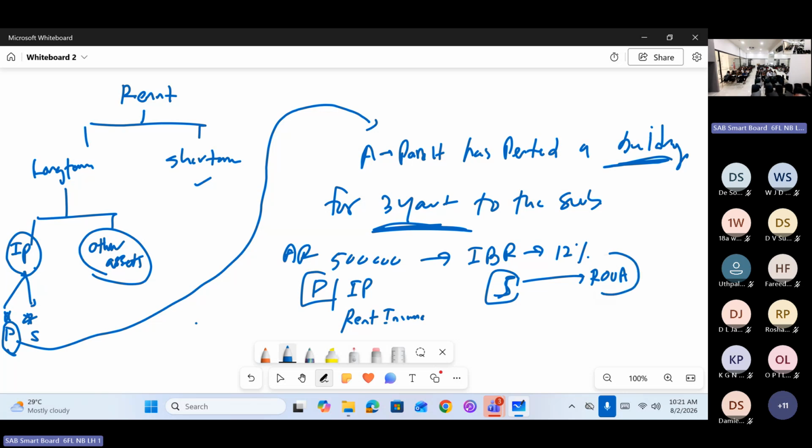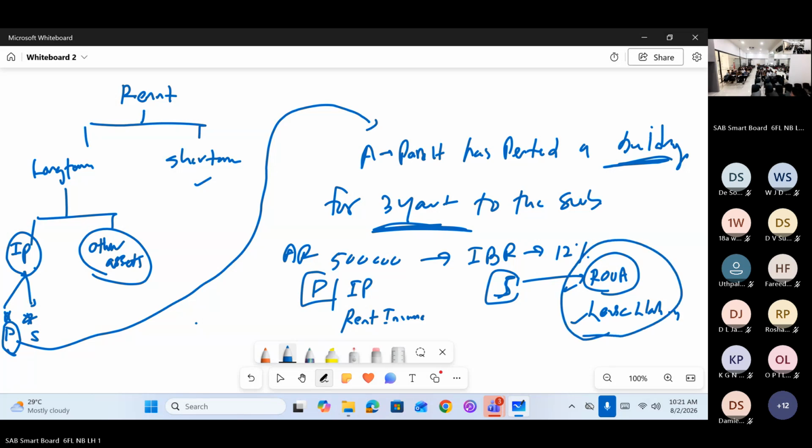Then this ROUA: once you are recognizing ROUA, debit ROUA, credit lease creditor, lease liability. They have recognized both. Then we are supposed to reverse this with this.